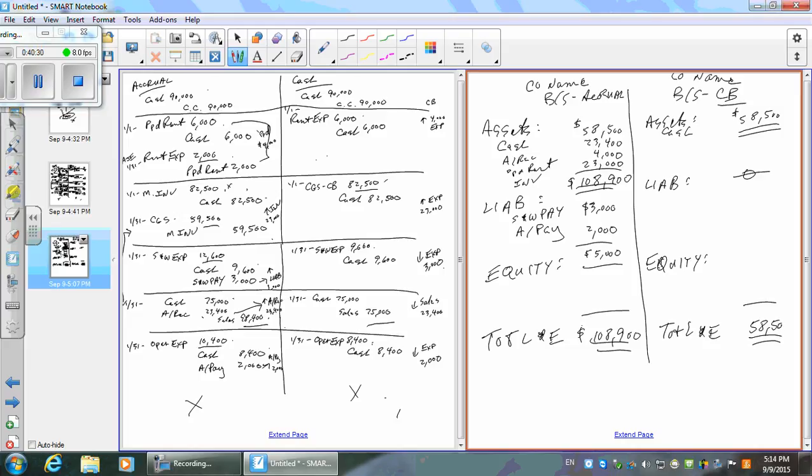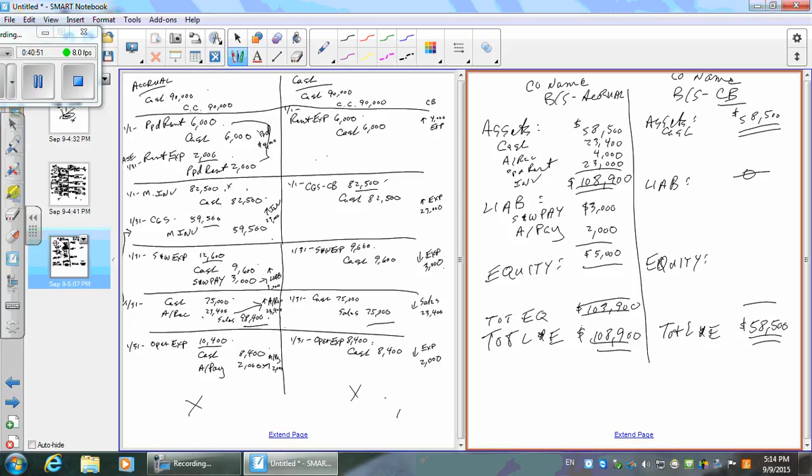There's no liabilities. 58.5. What do you think the equity's gonna be here? You're gonna take 5,000 away from 108.9, right? Yeah. So 103.9, is that what it is? You guys good? It's true, isn't it?